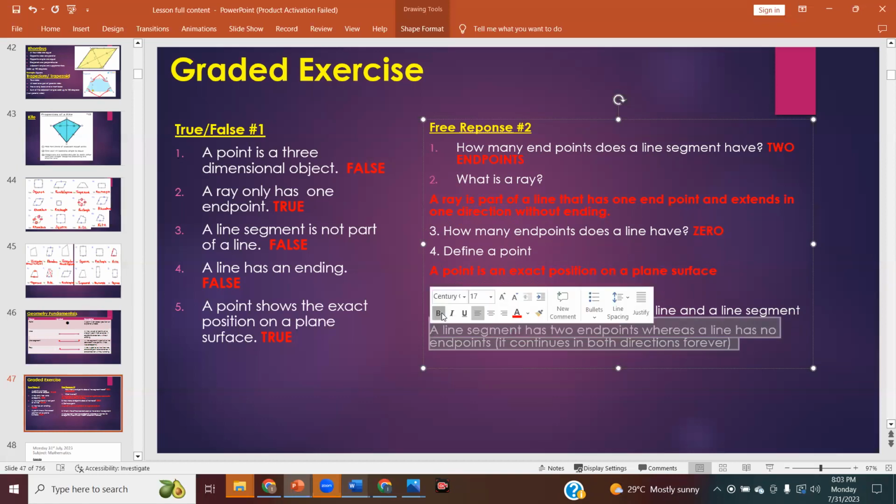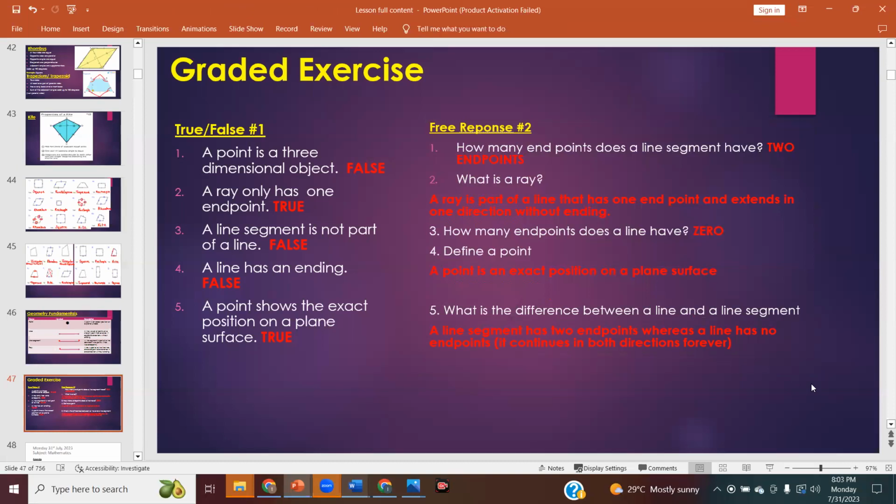So that's what we're looking for. A line segment has endpoints, 2 actually, but a line doesn't have any. It just continues in both directions forever and ever and never stops. So that's the difference right now.